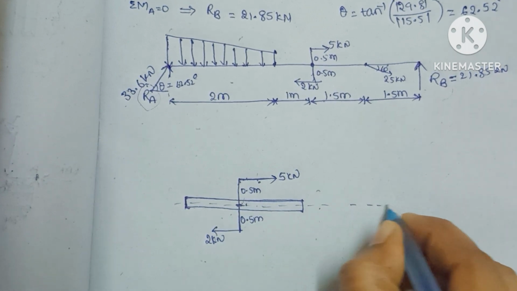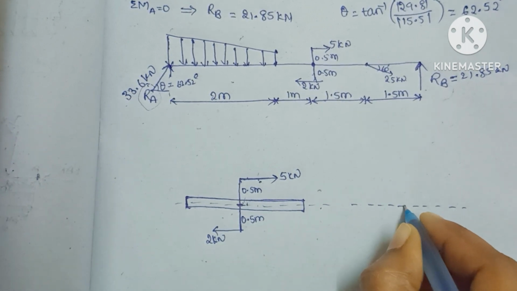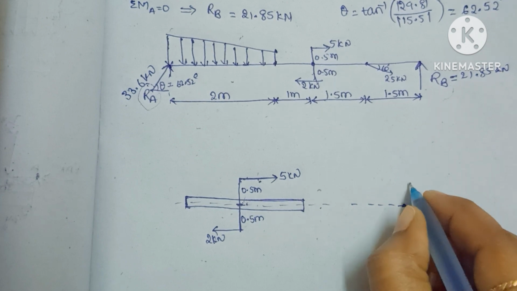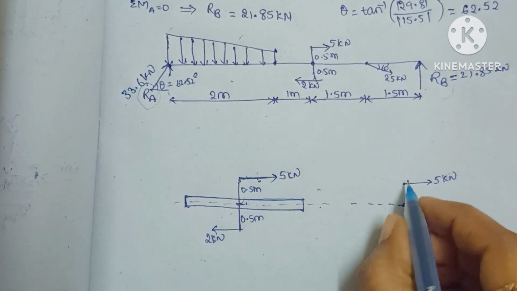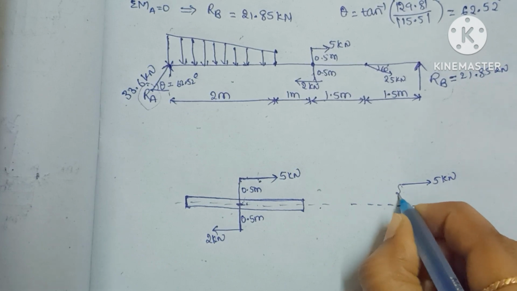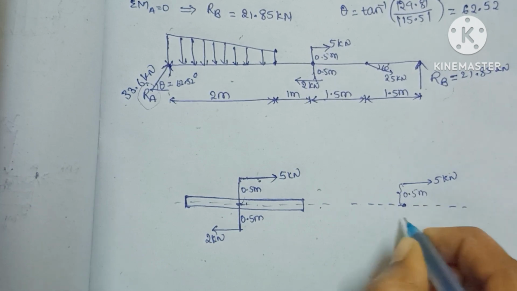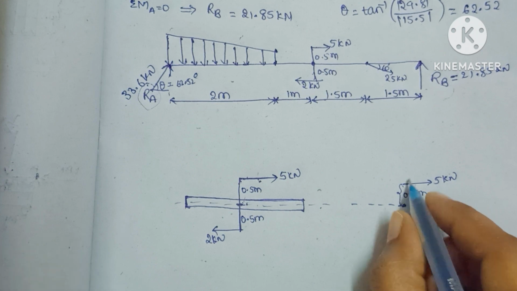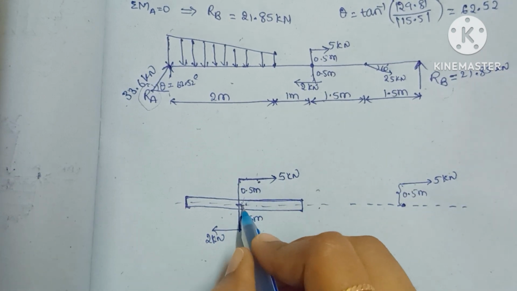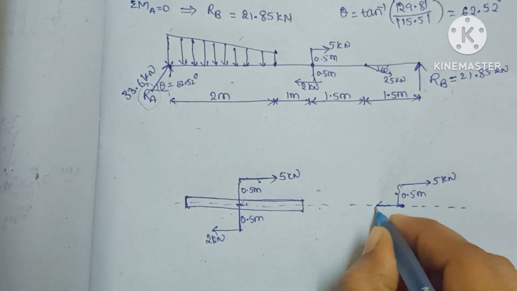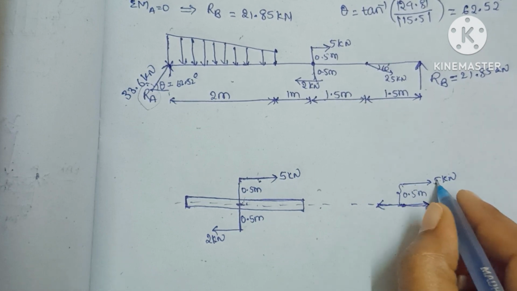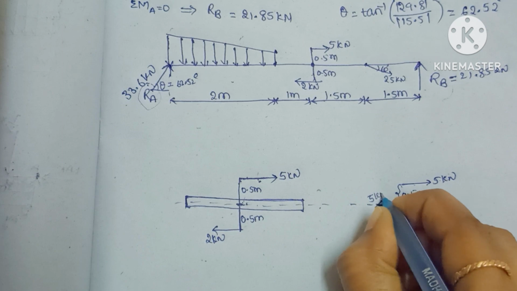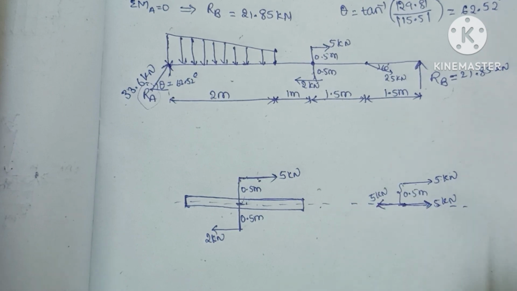If I write the axis line here, at this point we have only 5 kilonewtons of force at a distance of 0.5 meters. For transferring this load to the axis, we have to add two equal and opposite forces having the same magnitude: 5 kilonewtons, and here also 5 kilonewtons.